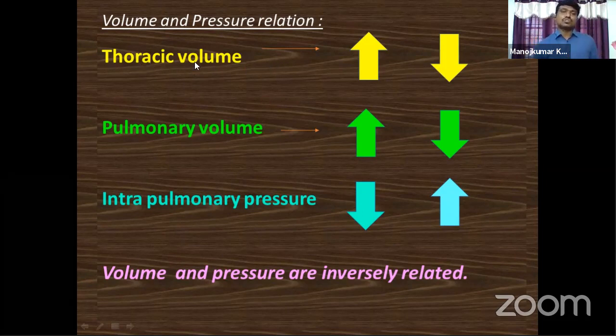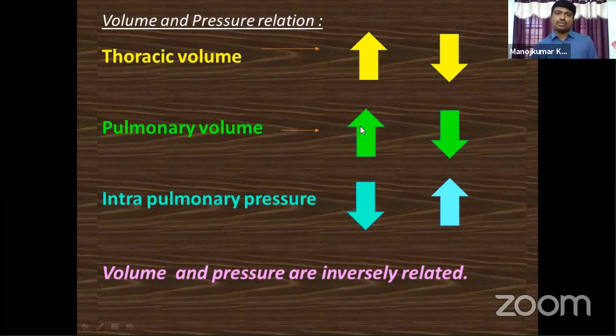So what happens if thoracic volume increases? What happens to the pulmonary volume? Pulmonary volume is nothing but the volume inside the lungs. So if thoracic volume increases, the pulmonary volume also increases.